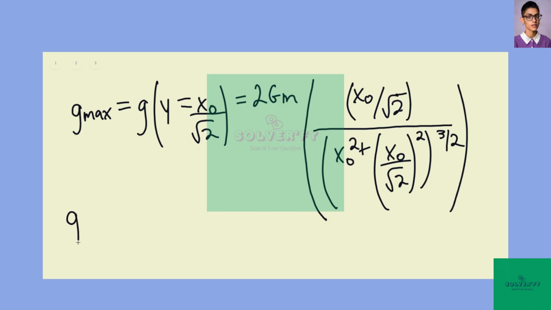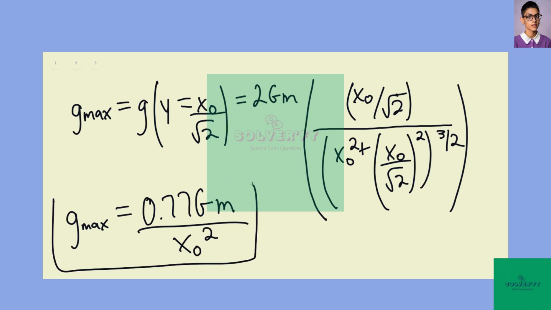And so we find that G max is going to equal 0.77 GM over x naught squared. So this would be the formula for the maximum gravitational field. That is the end of the solution.